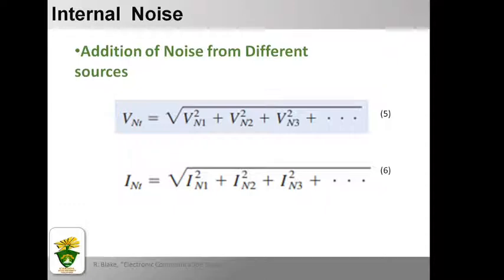That is, they have no definable phase relationship. In such a case, voltages and currents do not add directly. But the total voltage of series circuits or current in parallel circuits can be found by taking the square root of the sum of squares of the individual voltages or currents.